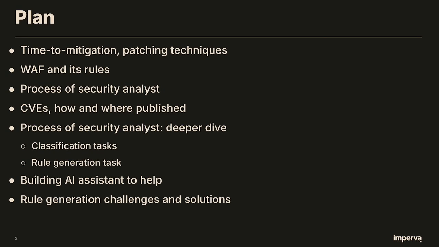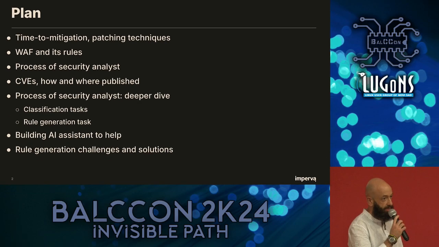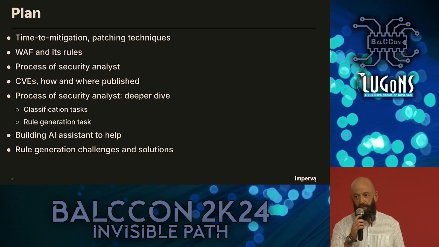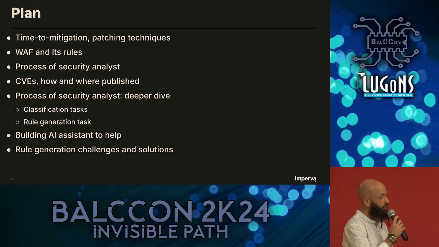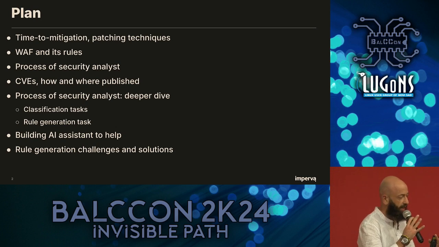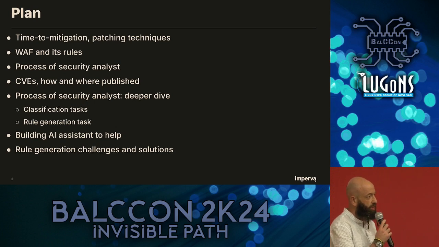So my plan for the next 40 or so minutes is as follows. I want to explain first time to mitigation. What does it mean, patching, why it is important. Then we're going to talk briefly about web application firewall. What does it do? Then we're going to go into the process of the security analyst and how it is combined with the web application firewall. Then we're going to discuss what CVEs are, if you haven't heard about them yet, and how they are treated.